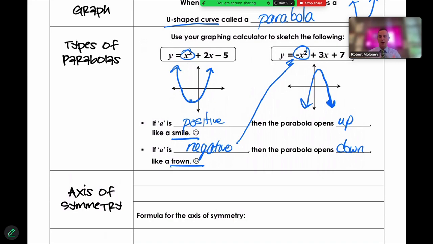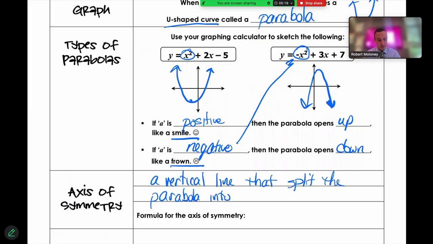We really thrive on symmetrical things. In this case, it's going to be a vertical line that splits the parabola into two parts, or indeed congruent parts, parabola into congruent parts.